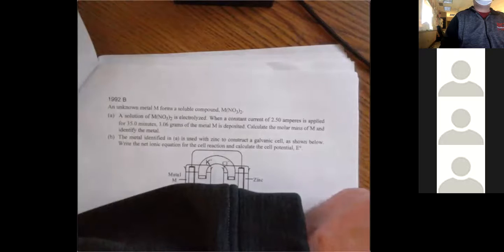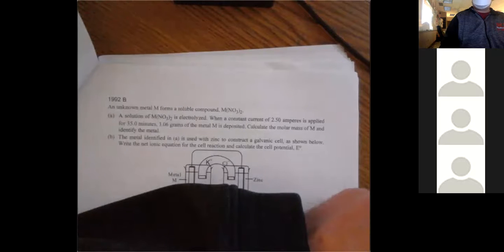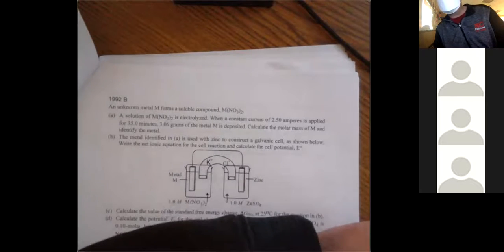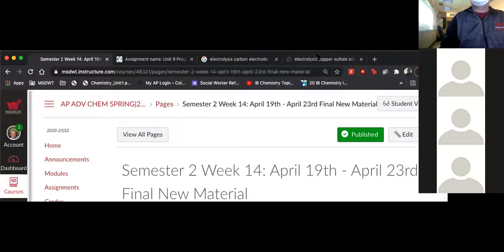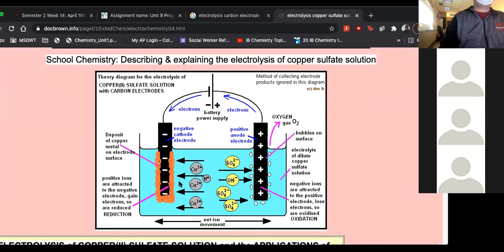Let's take a quick look just to make sure that you guys get this diagram, this idea. So here's something similar to what was happening in that problem. You had the depositing, in this case, instead of copper, it would be chromium. And then you would have on here those oxygen bubbles coming off and O2 gas being released.